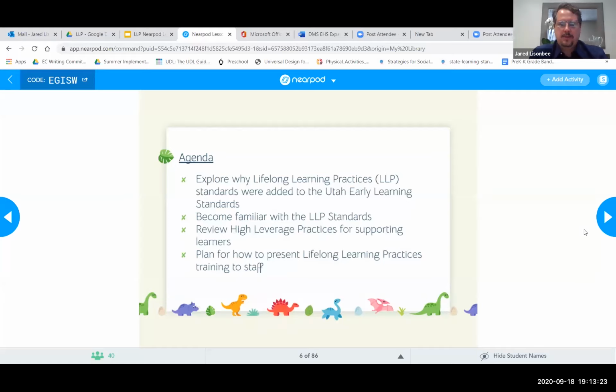I did put in, you can see where it says you can use the code, joinnearpod.com, and then the code is right there. So I'm going to stop sharing my screen. And you're okay with that, Jamie, being the slide advancer? Yep. I will try to read your mind as to when you want me to go.